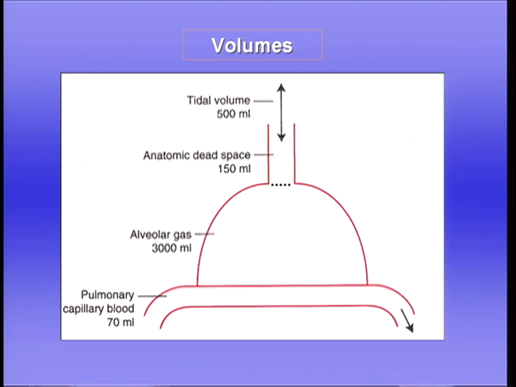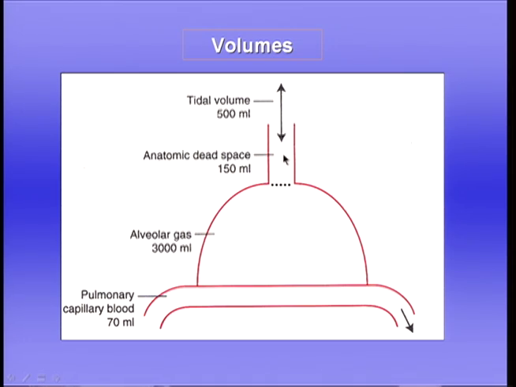And here are some typical volumes of the lung. First of all, we've got the tidal volume. That's the volume of each breath, and that is approximately 500 ml. Now, of course, there's a good deal of variation around this, but that's a good ballpark figure, 500 ml for the tidal volume. But of course, not all of that tidal volume gets into the alveolar gas compartment.